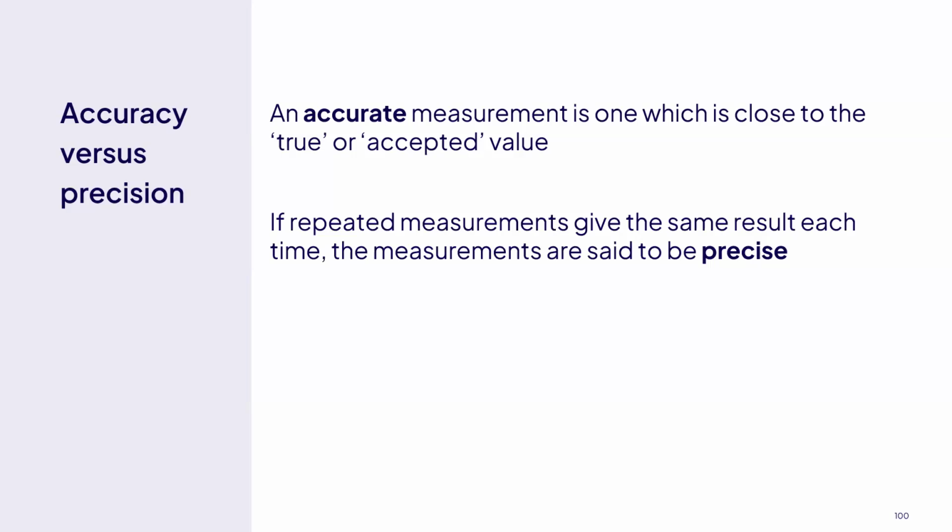If repeated measurements give the same result each time, the measurements are said to be precise. So that's the difference between accuracy and precision. There is, of course, a different aspect of precision, and that is the precision of measurement.